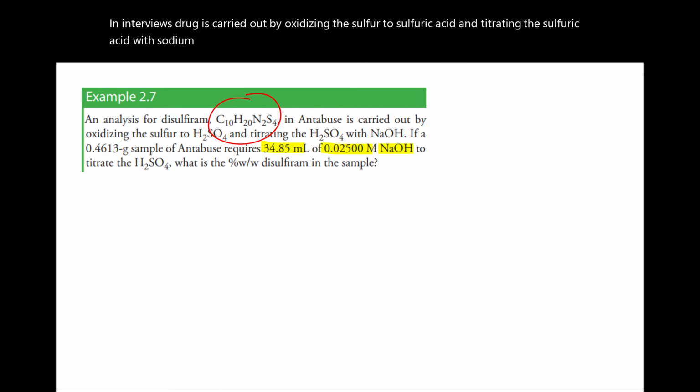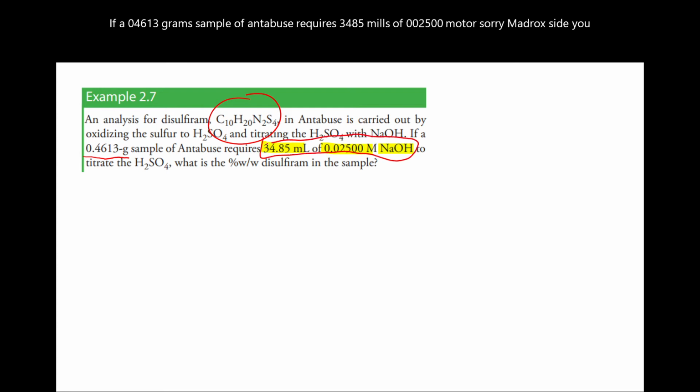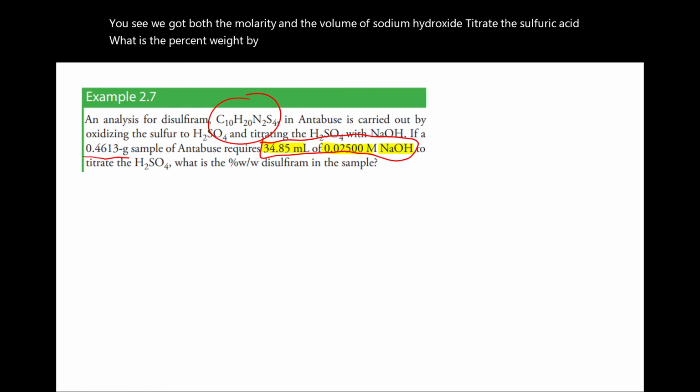If a 0.4613 gram sample of Antabuse requires 34.85 mL of 0.02500 molar sodium hydroxide to titrate the sulfuric acid, what is the percent weight by weight of the disulfiram in the sample? You see we got both the molarity and the volume of sodium hydroxide.